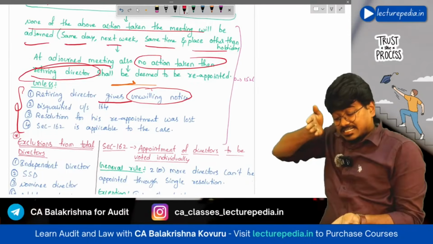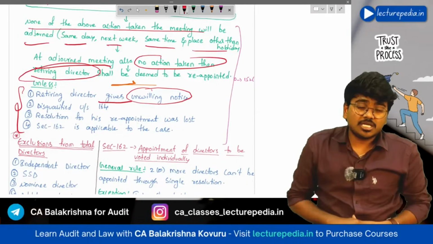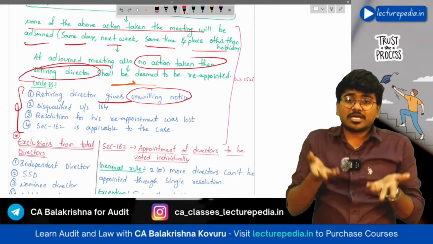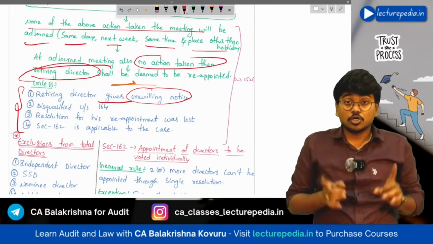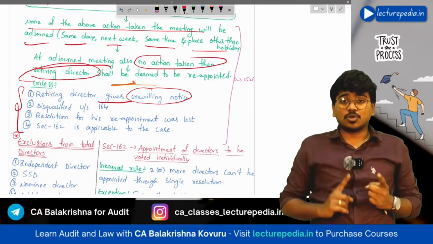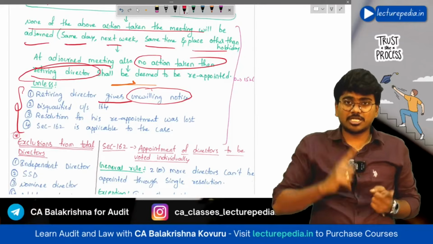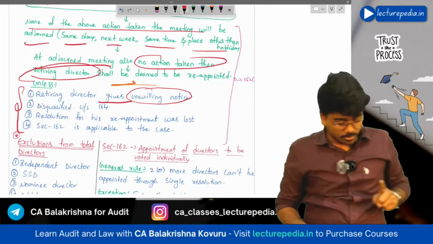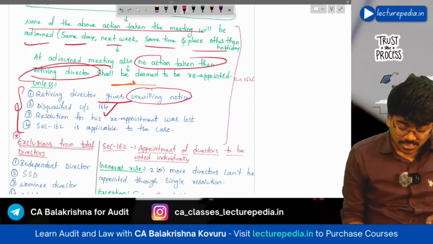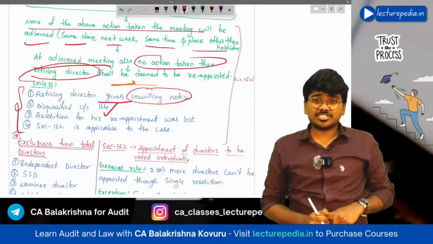If the director himself is not willing to be reappointed, then how can you reappoint him? How can it be deemed that he will be reappointed? So if the director gives a notice of his unwillingness to be reappointed, then the deemed reappointment concept will not be applicable in that scenario.